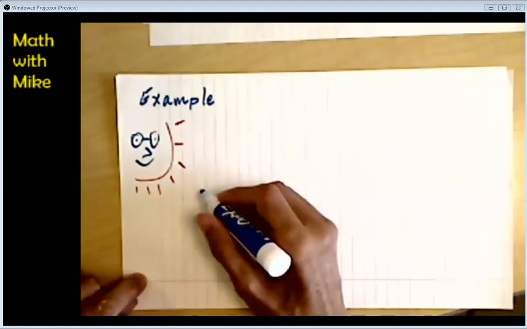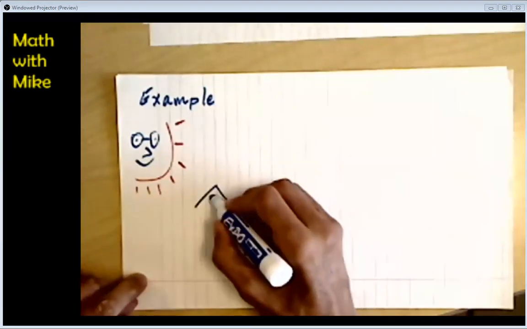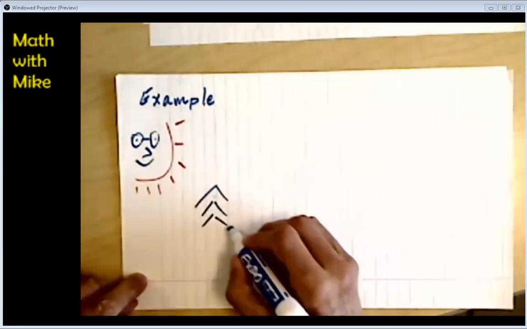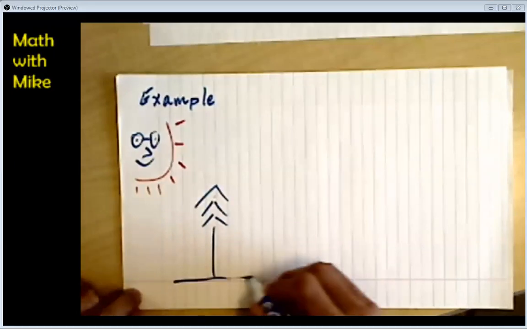If this sun hits a tree that is there on the ground, what's going to happen?